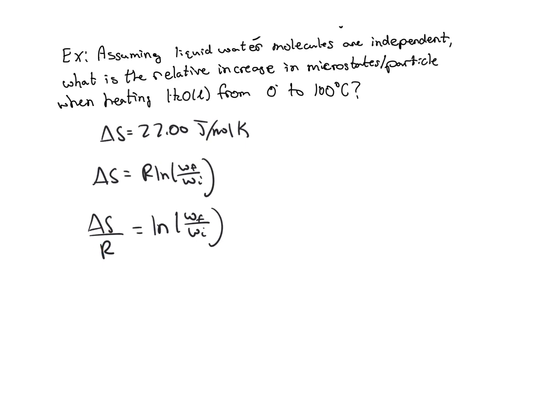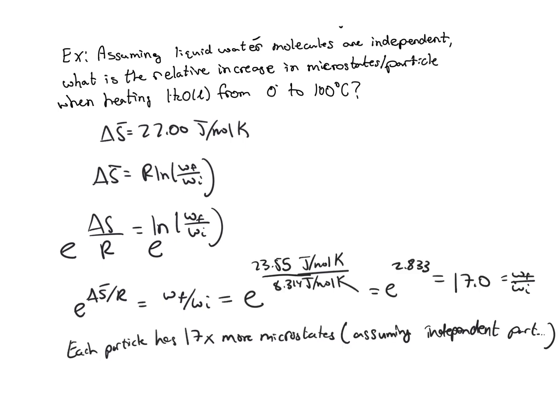First, divide both sides by R. Then to undo the natural logarithm, we take e to the both sides, and we get e to the delta S over R. And when we plug in 23.55 going from 0 to 100, we get about a factor of 17 more microstates.